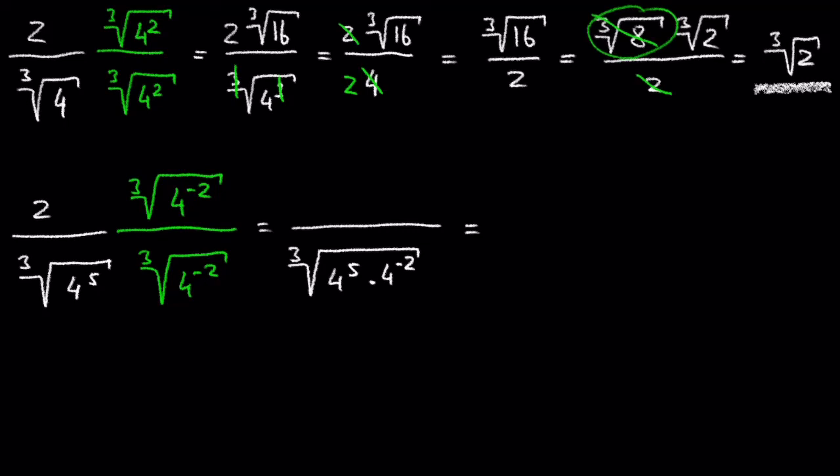When multiplying exponents with the same base, we can add the exponents. So we get the third root of 4 to the 5 plus negative 2. Which is 4 to the 3.